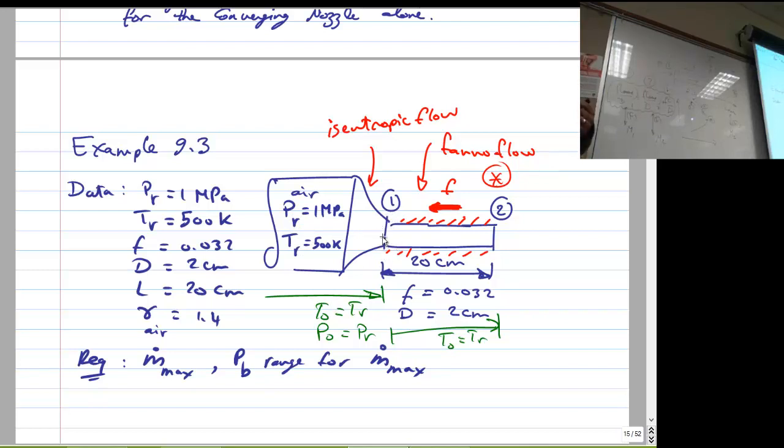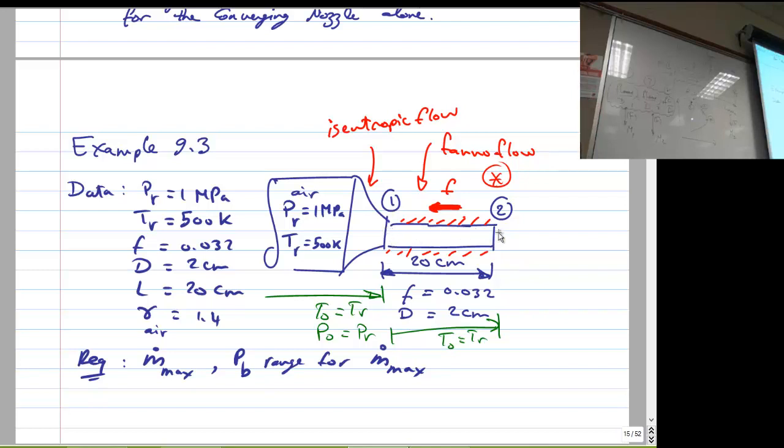But if we have M1 here, we can solve this nozzle and get P1 and T1 from P naught and T naught, from appendix P. So we don't have the condition, but we could easily if we just have M1.